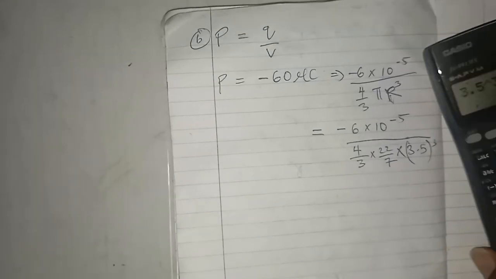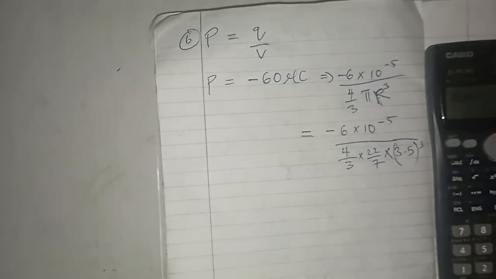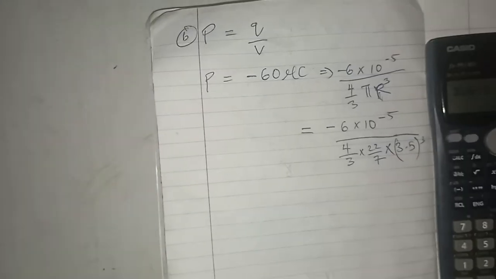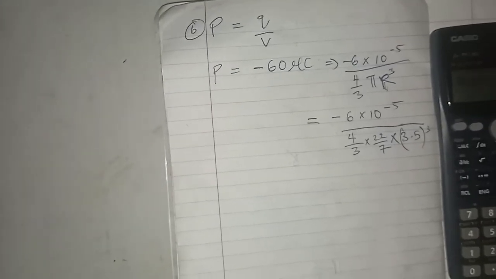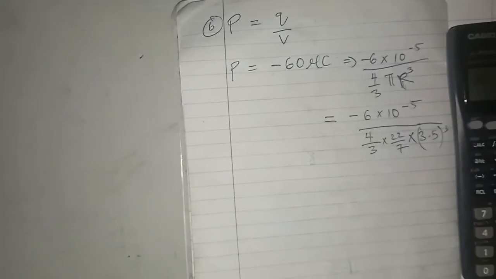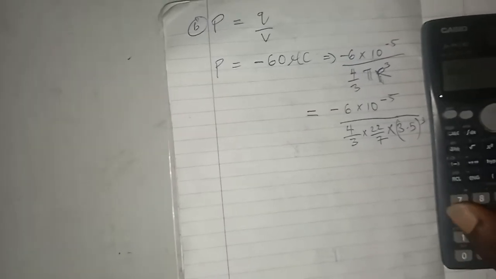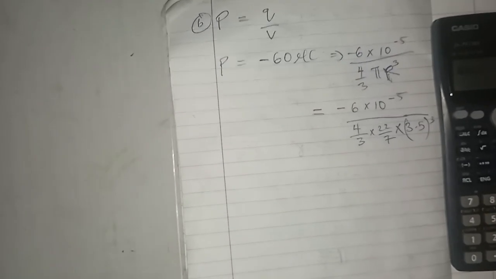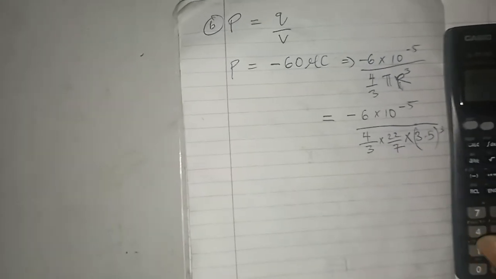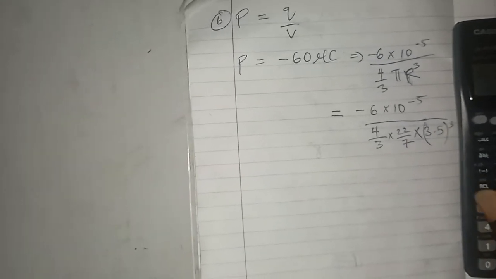That is 42,875. So I have 4 divided by 3 times 22 over 7.